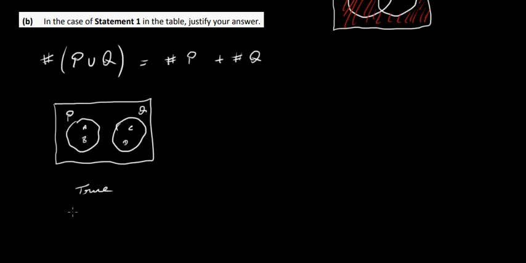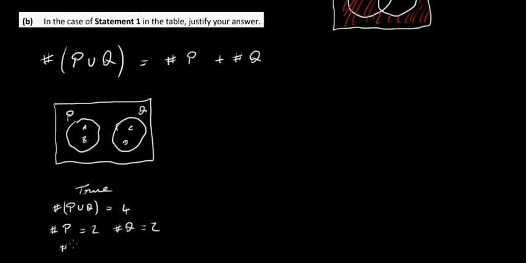Well, in this particular case the cardinal number of P union Q is just 1, 2, 3, 4, and the cardinal number of P is 2, the cardinal number of Q is 2, so 2 plus 2 is 4.